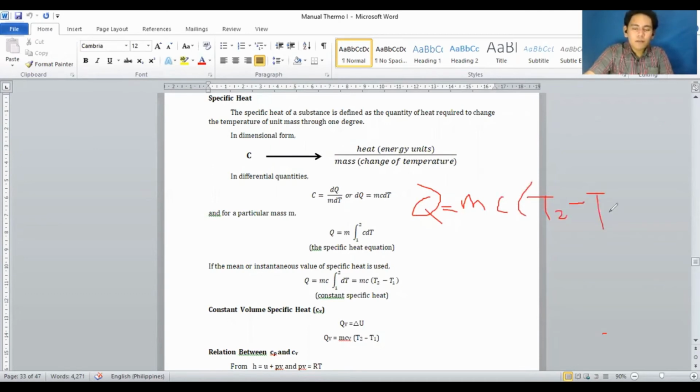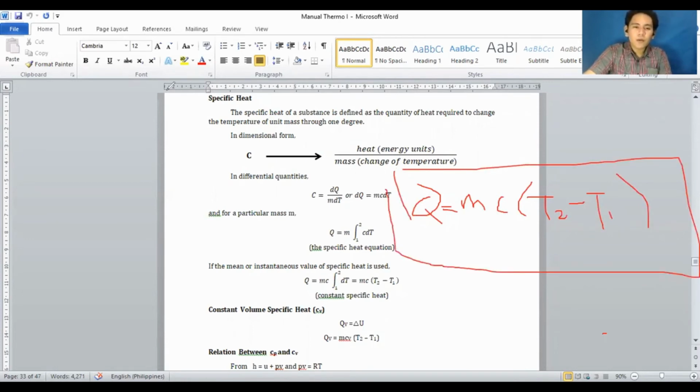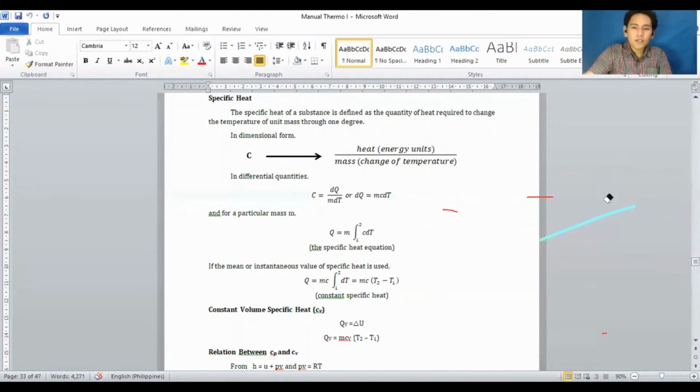Now, in the problem, if you're going to find your specific heat, this is the equation to be used. Q equals MC (T2 minus T1). Your T2 is your final and your T1 is your initial.